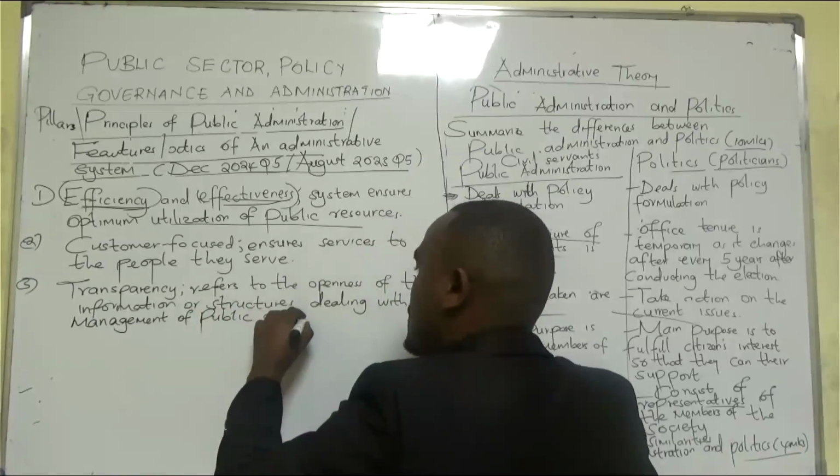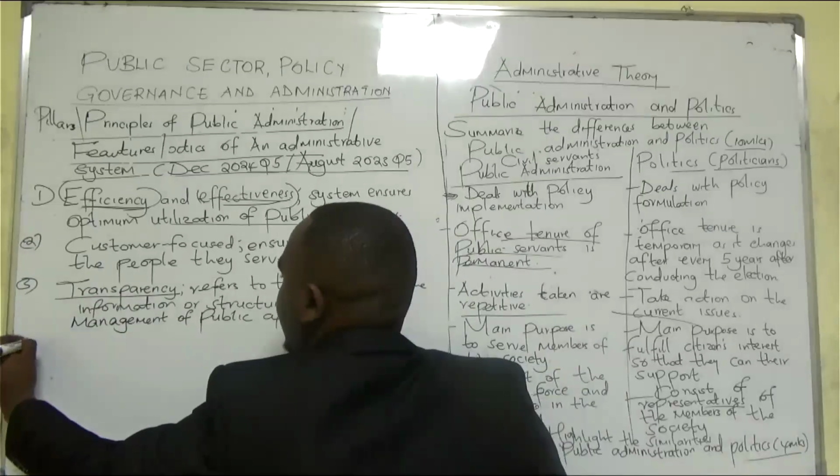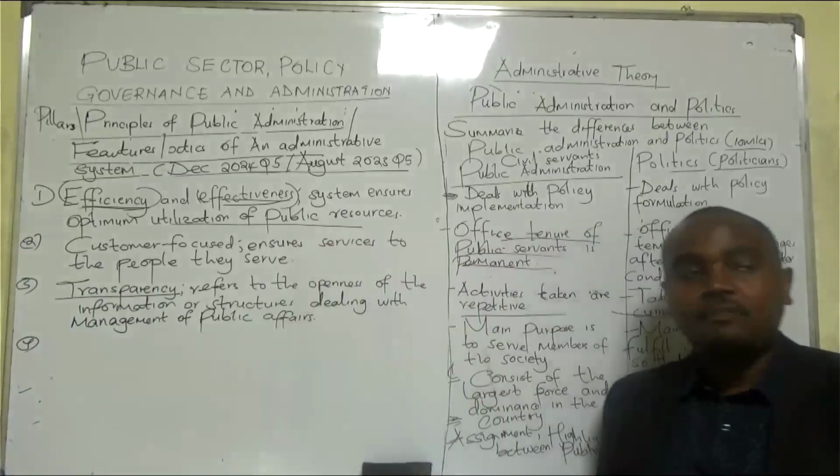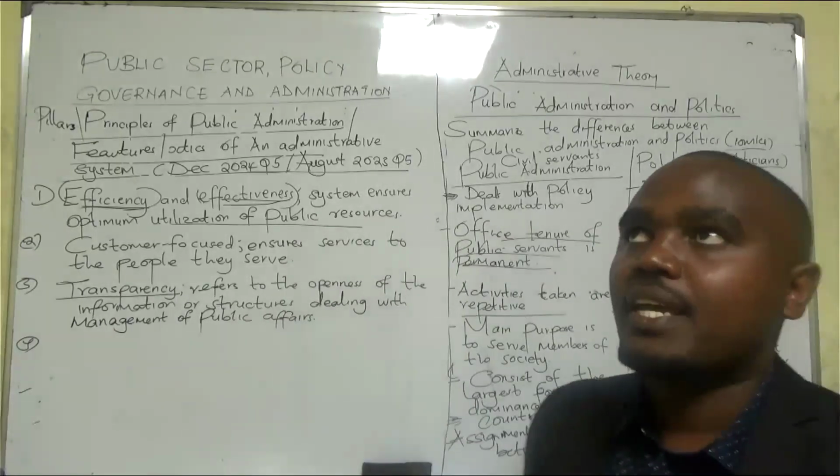Sawa. So one of the primary features of an administrative system is transparency. Is there free flow of information? Is there openness? What have you been doing?